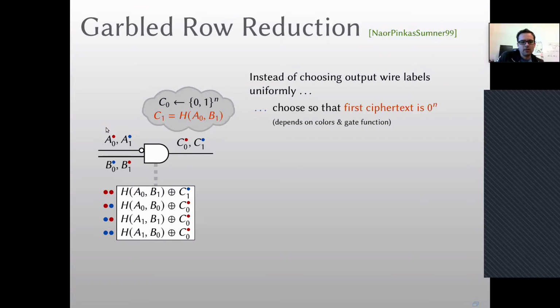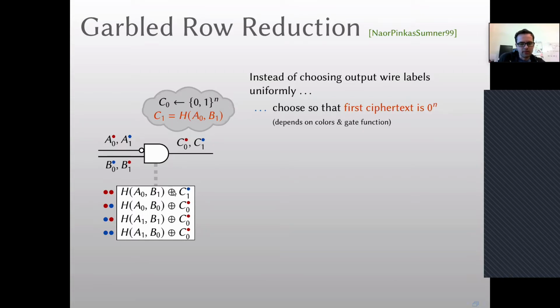Instead, what if you choose the wire labels in such a way that the first ciphertext is all zeros? That's a very strange thing to say, but let's just imagine what would be required to make this ciphertext that I highlighted be all zeros. Well, the way to do that is to choose C1 to be equal to this H of A0 and B1, right? If I choose C1 in this way, then the result of this XOR is all zeros. I think you can agree with that.